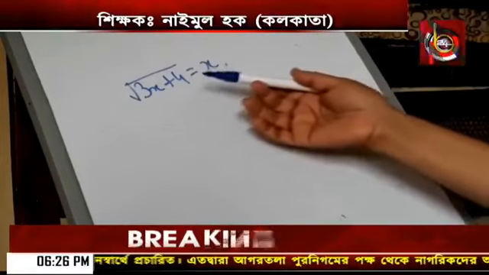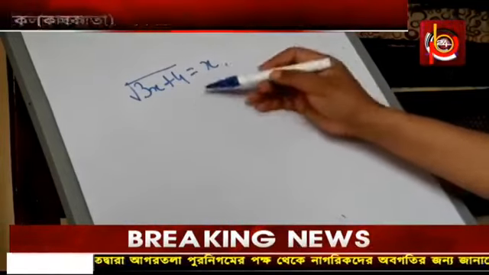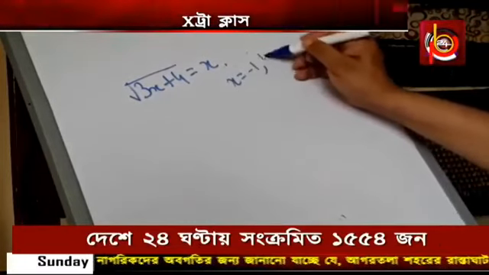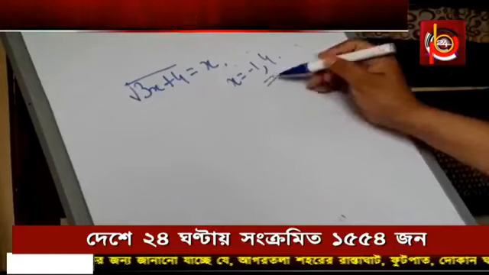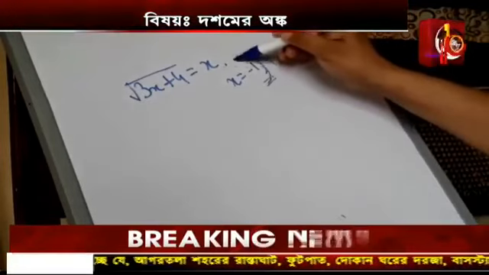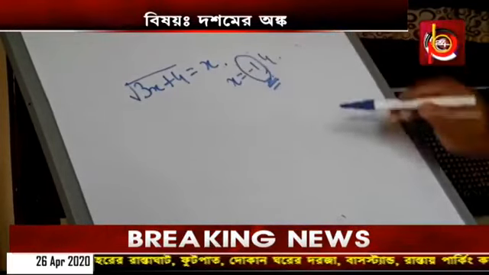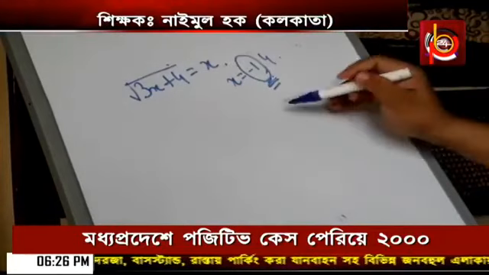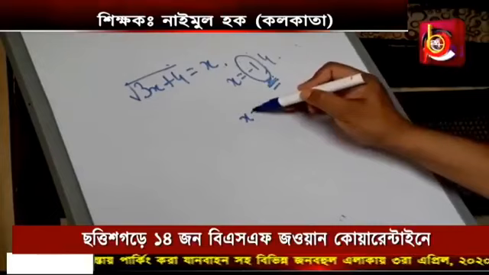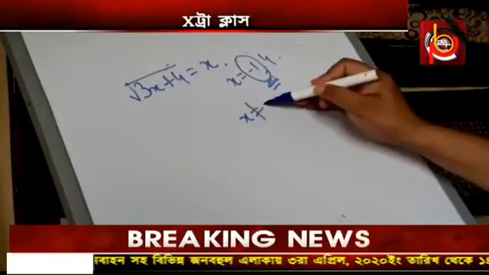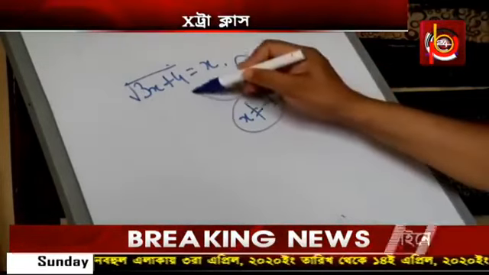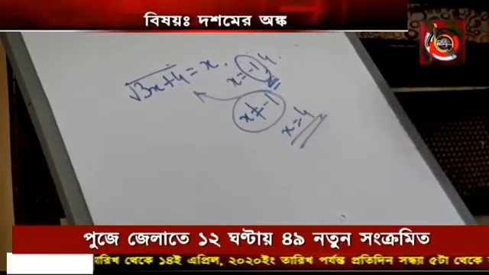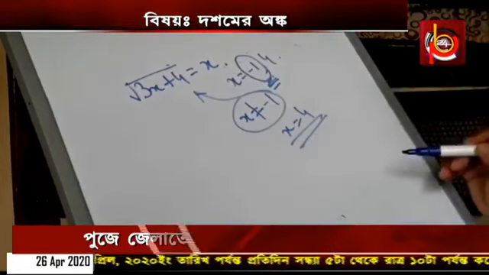This is a very simple and very small sum, but we are getting x equals minus 1 and 4. But you will see that x equals minus 1 is the culprit number, meaning it will not solve this equation. So obviously x should not equal -1 for this sum, and so the solution is x equals 4.